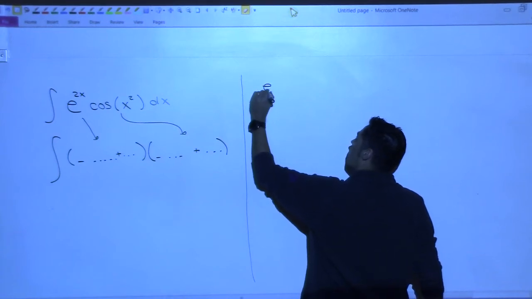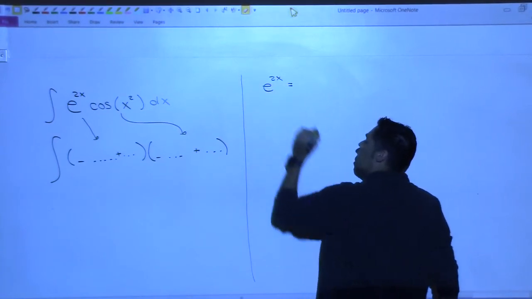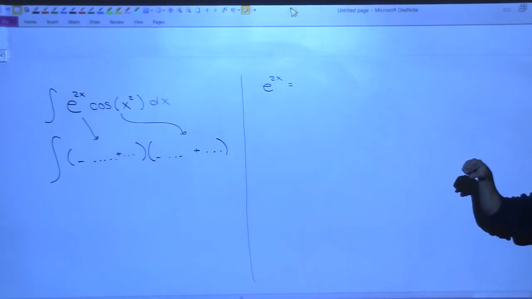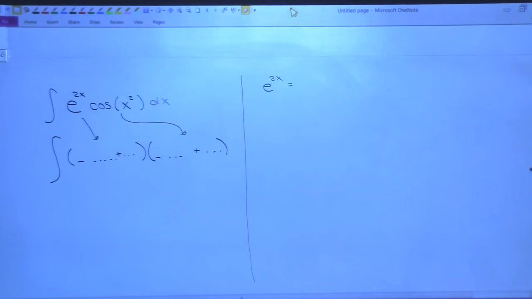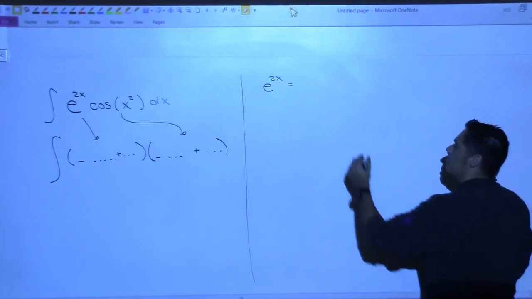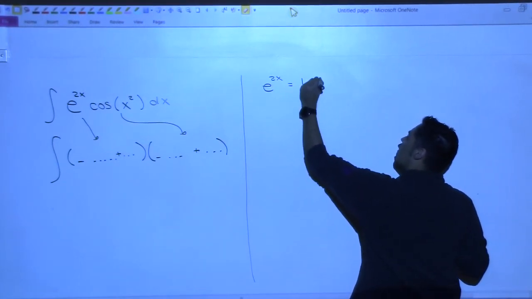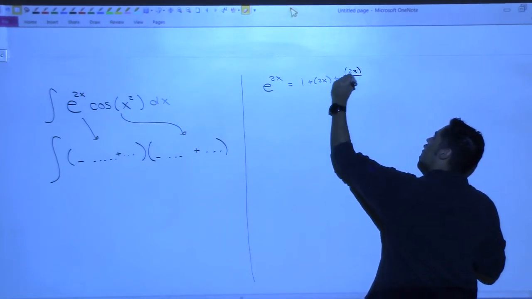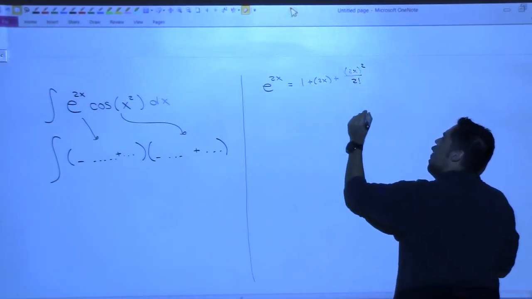So first let's write down what is e to the 2x in its Maclaurin series. You have to remember what the Maclaurin series is for e to the x: 1 plus x plus x squared over 2 factorial plus x cubed over 3 factorial plus, and so on. Okay. But for us, it's not x, it's what? 2x. So it's 1 plus 2x plus (2x) squared over 2 factorial.